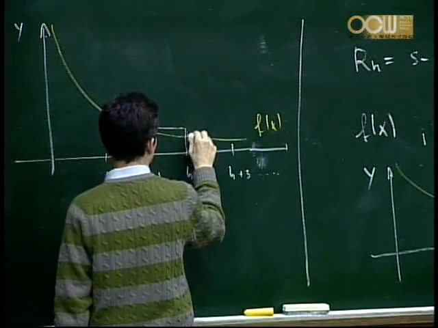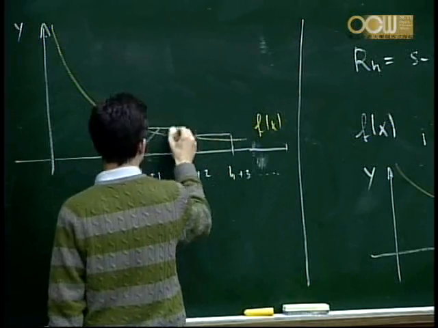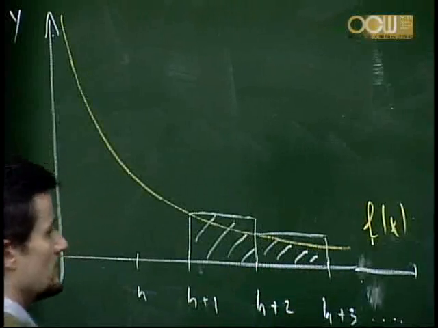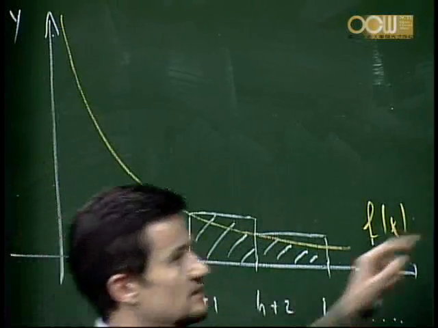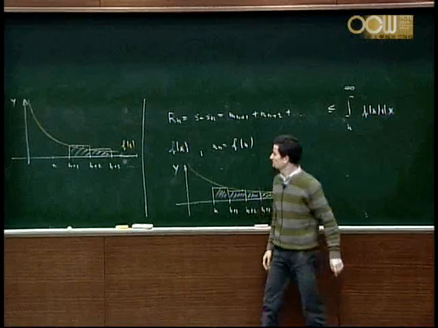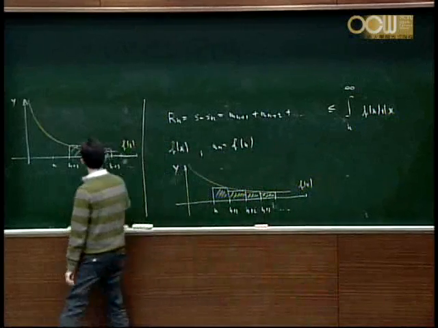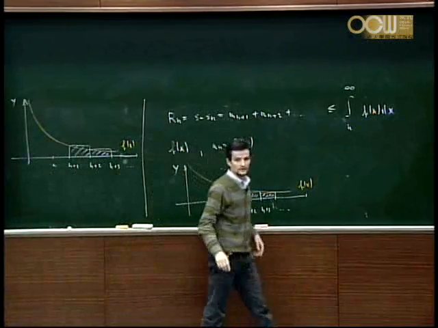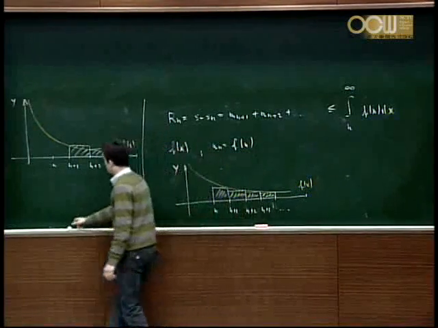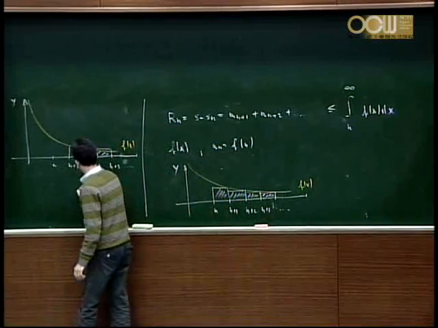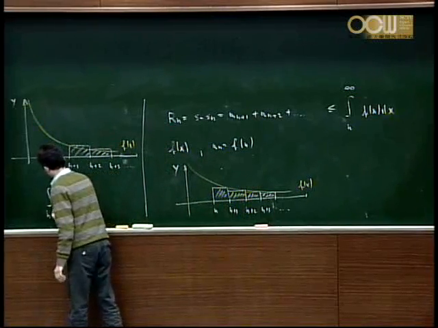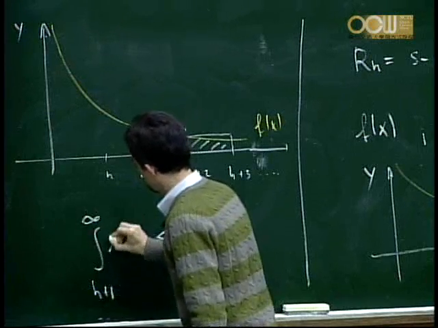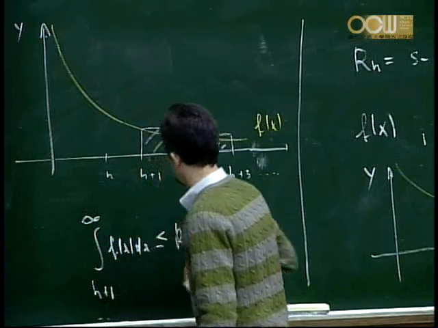So the sum of the areas of these rectangles is equal to r of n. But now, if we integrate f of x from n plus 1 to infinity, we get a lower bound. So r of n must be larger or equal than the integral from n plus 1 to infinity of f of x dx.